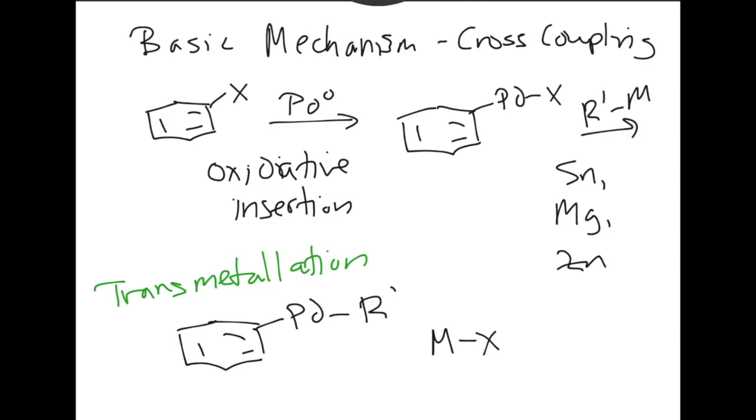All right. So we do our transmetallation. Now we've got our palladium, again palladium +2, palladium in the +2 oxidation state. And now I want to put those two carbon groups together: I want to put my aromatic ring together with the carbon, like our R1 group. This is the reductive elimination step.